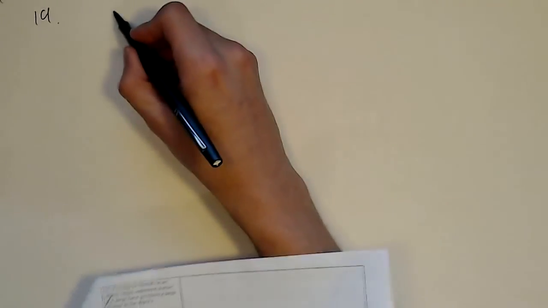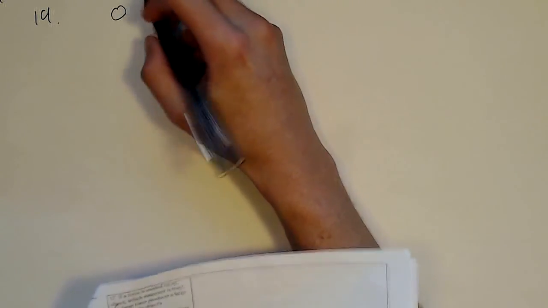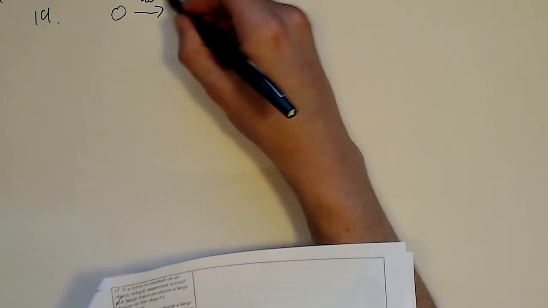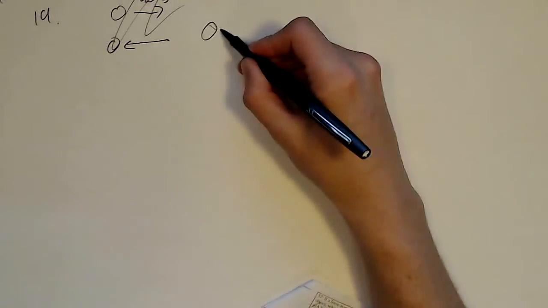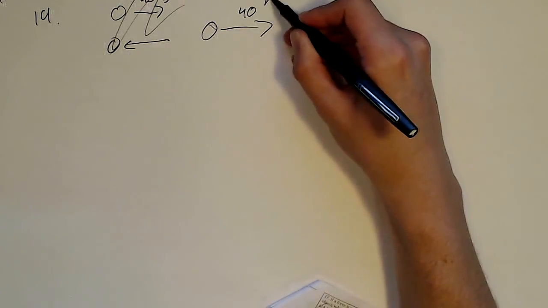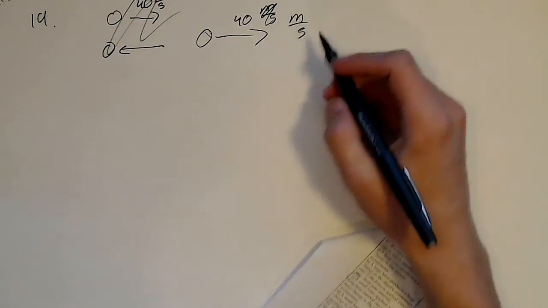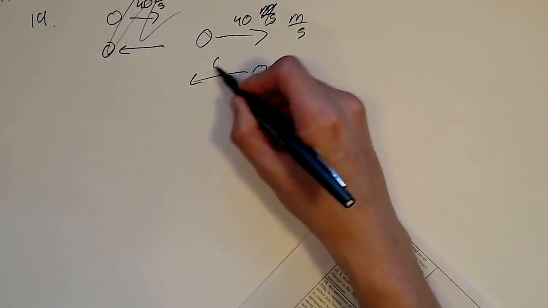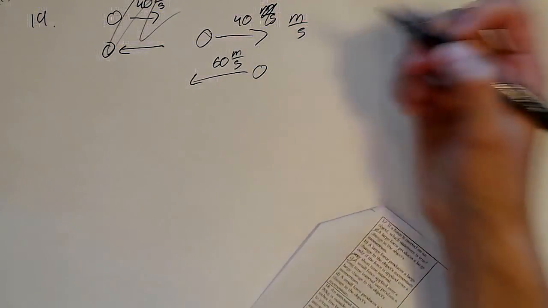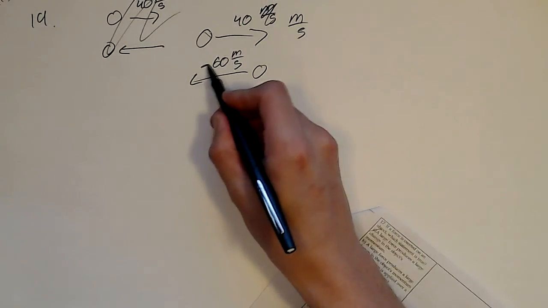This means it starts out this way with a velocity of 40 meters per second, and ends up going back this way with a velocity of 60 meters per second. But since it's in the opposite direction, we're going to call it negative.